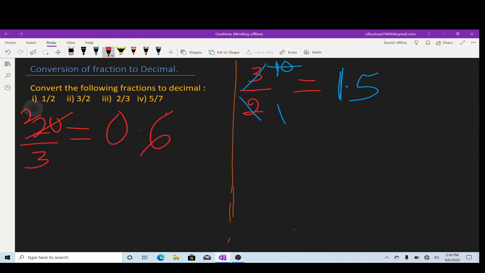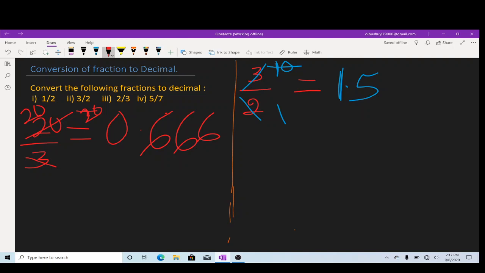So you add 0 again. You have 3 in 20 again. You have 6. You still have 2 left. You keep doing that. You add 0 again. That is 3 again in 20. That is 6. So this is what I call reoccurring decimal. The decimal number keeps reoccurring. So it will not terminate except you terminate it yourself.